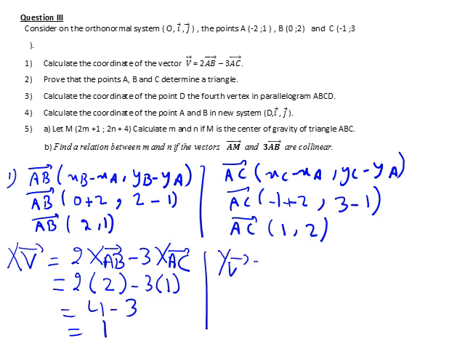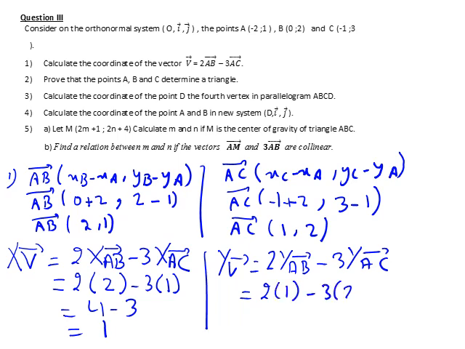The y of V equal 2 times y of AB minus 3 times y of AC, equal 2 times 1 minus 3 times 2, equal 2 minus 6 equal minus 4. So the vector V has coordinates 1, minus 4.